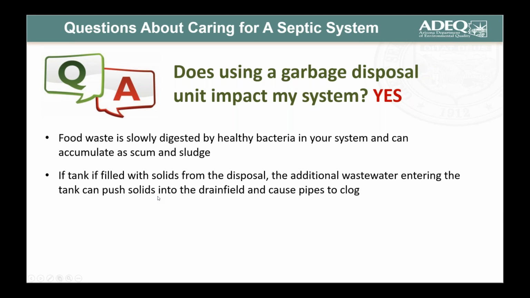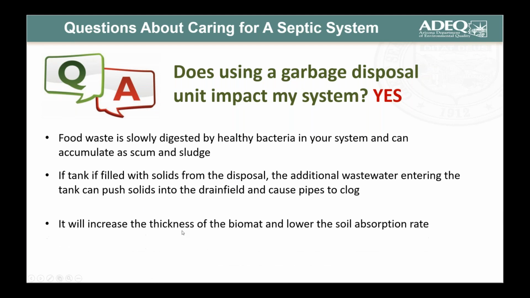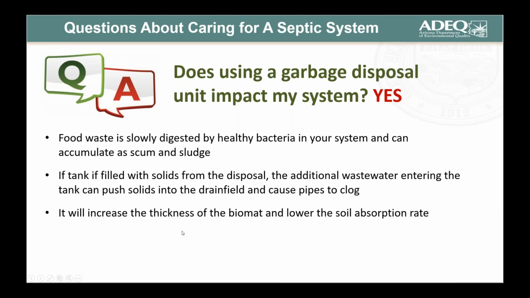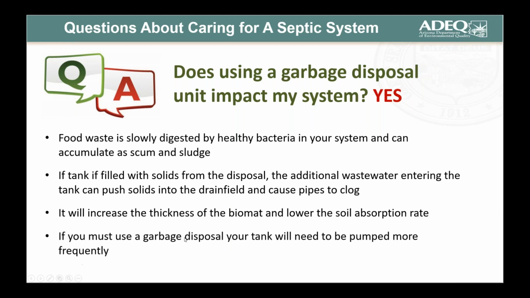If the tank is filled with solids from the disposal, the additional wastewater entering the treatment tank can push solids into the drain field and cause pipes to clog. It will increase the thickness of the biomat and lower the soil absorption rate. If you must use a garbage disposal, your tank will need to be pumped more frequently, as I stated earlier.